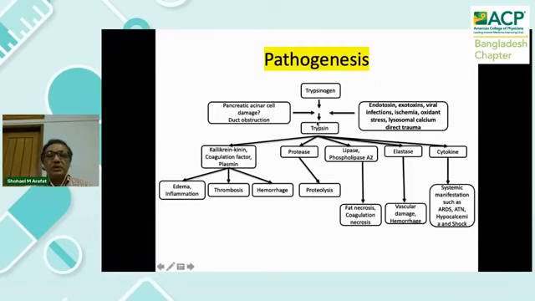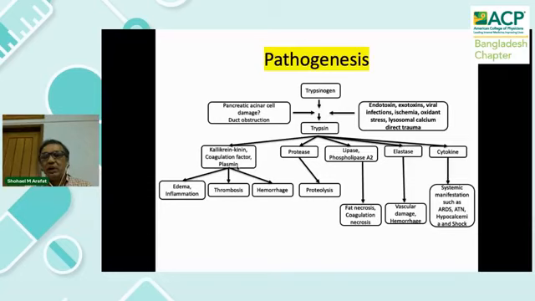This trypsin activates kallikrein, kinin, and coagulation factors, the plasmin, which incites the development of edema and inflammation, and also affects coagulation factors, causing thrombosis and hemorrhage. Trypsin causes protease activation and proteolysis, and lipase and phospholipase cause fat necrosis and coagulation necrosis. Also, elastase directly affects the vascular walls and elastin fibers, causing vascular damage and hemorrhage.